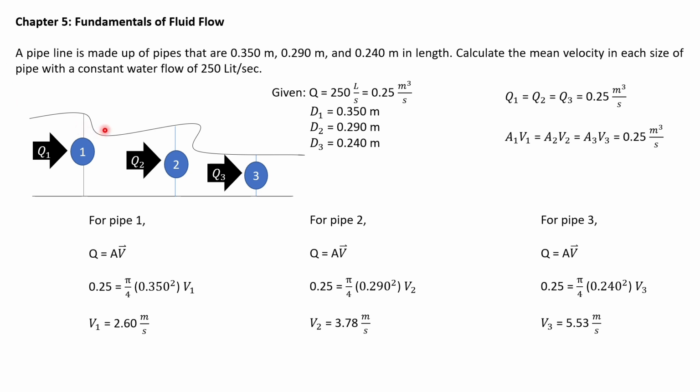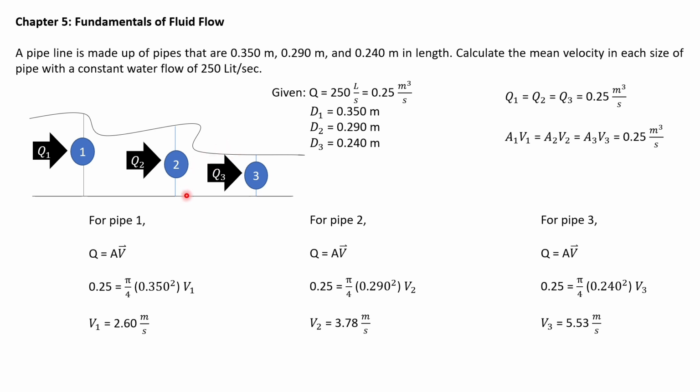So the figure might look like this, and this is a theoretical image that we have formed. So it flows through different sections. In our section 1, it has a big diameter, so it has a bigger open space. In section 2, we have a 0.290 meters diameter, so it became smaller.